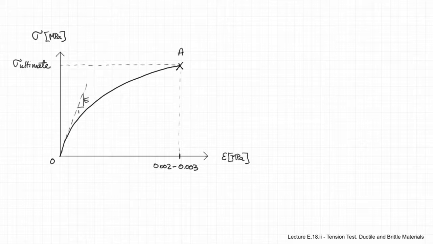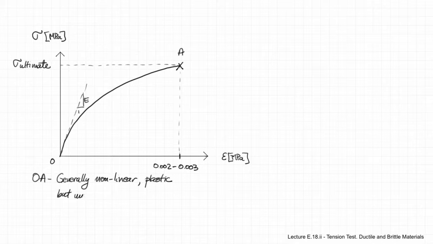And you will see from this diagram that the behavior is mostly non-linear, as OA is not a line, except for a very small initial portion close to the origin. And the tangent to the curve at that origin will give us the initial modulus of elasticity.